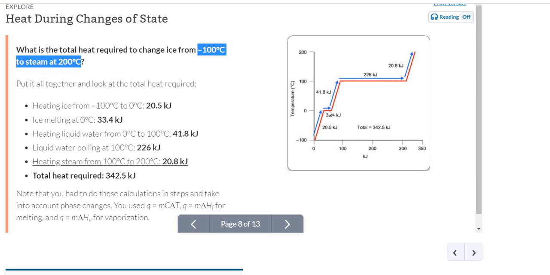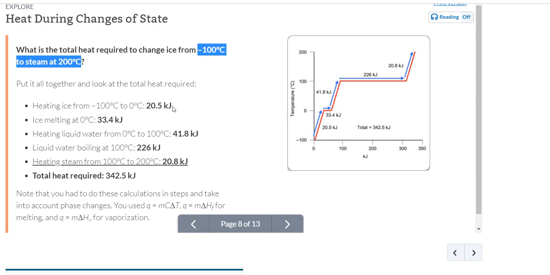Then the phase change cost us 33.4 kilojoules. Raising the temperature up to 100 degrees Celsius cost us 41.8 kilojoules. To get through this phase change from liquid water to steam, it cost us 226 kilojoules. And then to get the steam up to 200 degrees Celsius, it cost us 20.8 kilojoules.